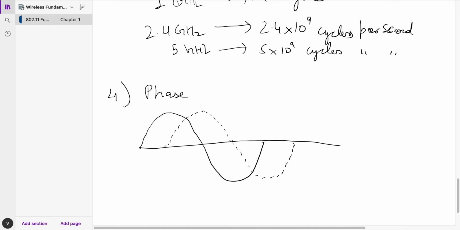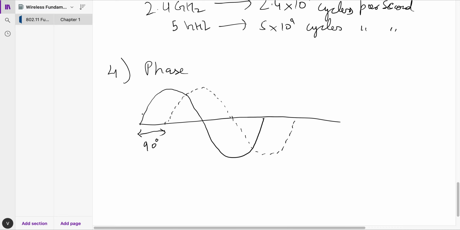Okay. Now these waves are identical, but they are at a gap of 90 degrees. They have the same amplitude, they have the same wavelength, but they are 90 degrees out of phase. So the phase difference between these two waves is 90 degrees right now. And they are out of phase, of course.